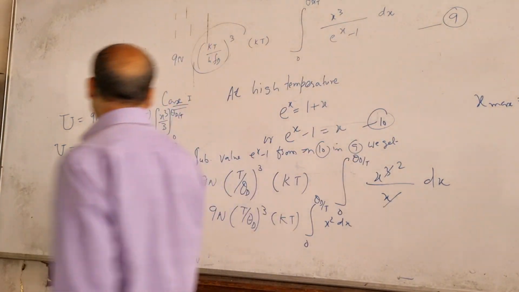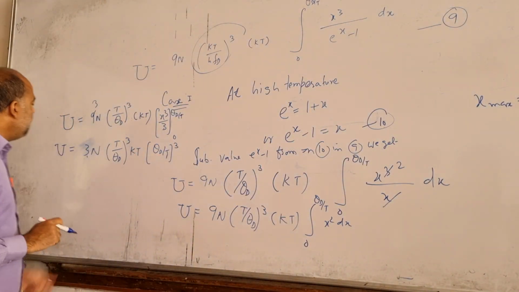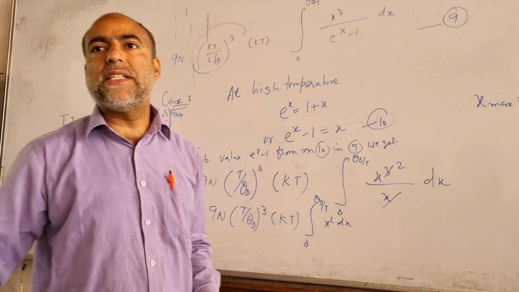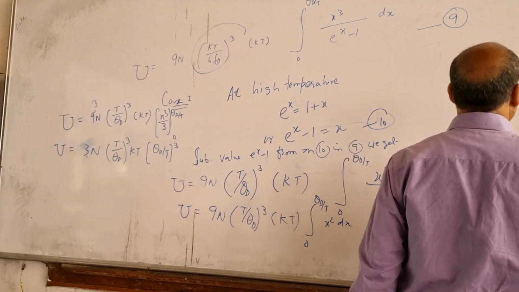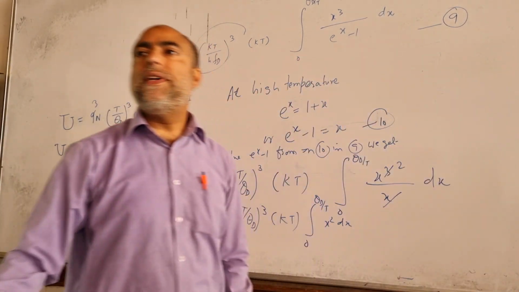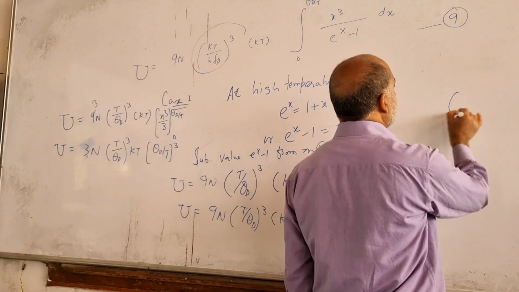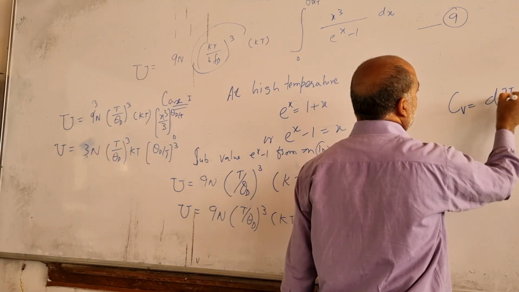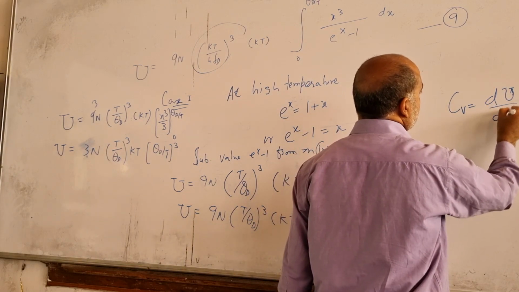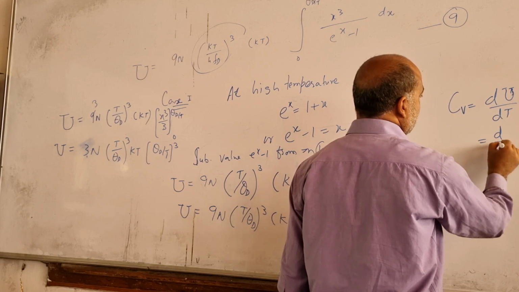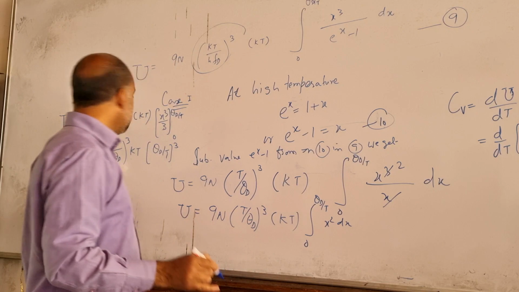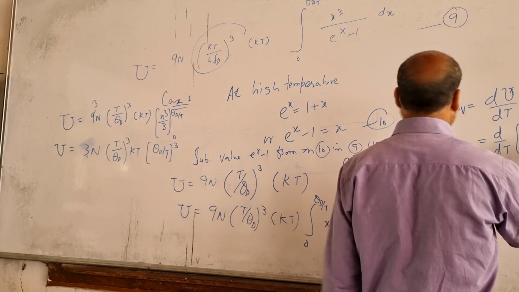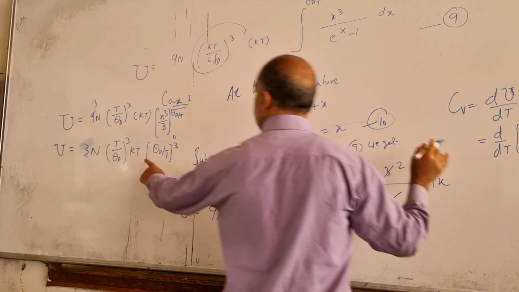So we were successful in obtaining the value of total energy. Once you get the total energy, it is easy for us to get the specific heat. Specific heat CV will be the differentiation of total energy with temperature, d by dT of U, where U is 3n kT.